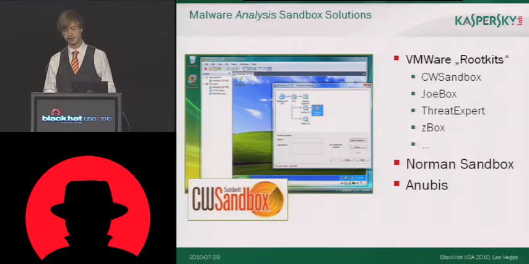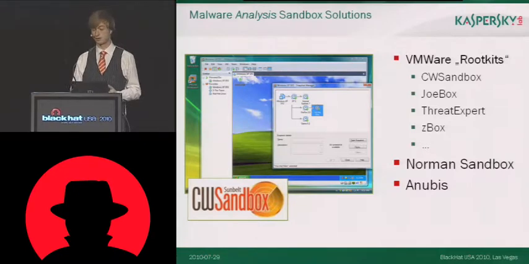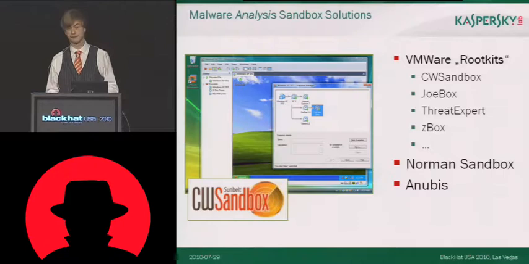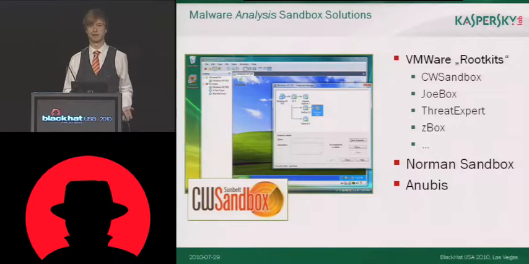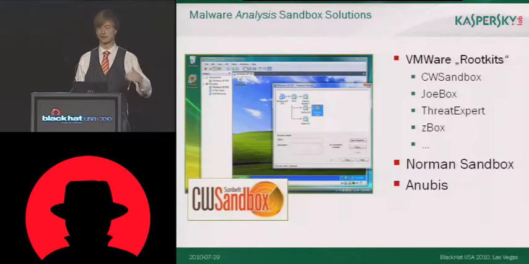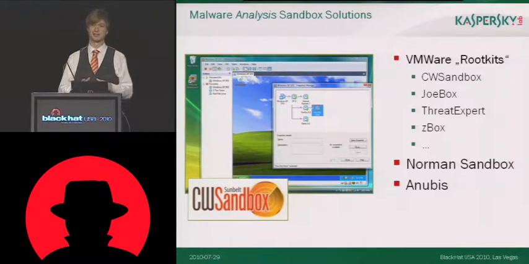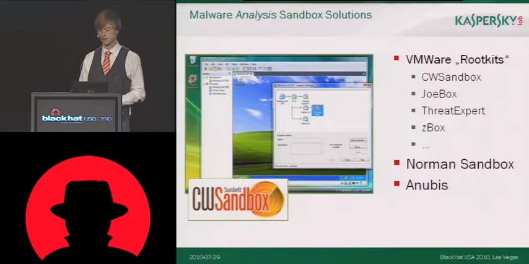I categorize a lot of them as what I call VMware rootkits, like CW Sandbox, JoBox, and these kinds of sandboxes. Of course, they don't need to be run inside VMware. They can be run on the physical computer, what they call bare metal sandboxes. But for ease of use, and because you don't want to install physical computers all the time, most people just run them inside VMware and use the snapshot features to reset the sandboxes. That's why I call them VMware rootkits, because they're just a Ring 0 driver that records stuff.